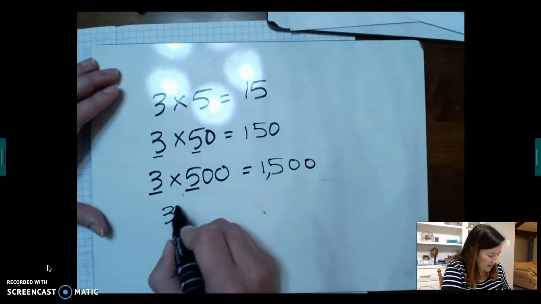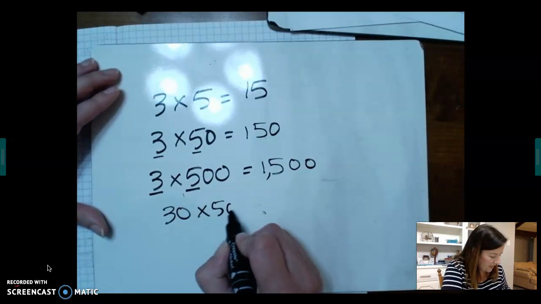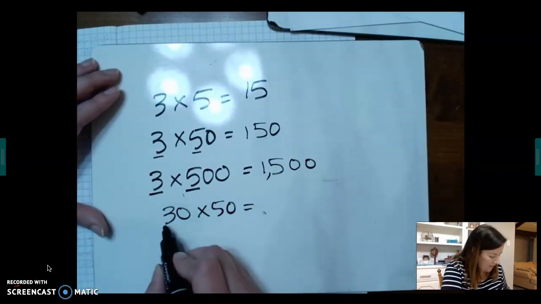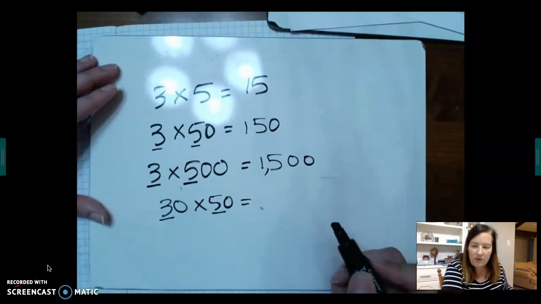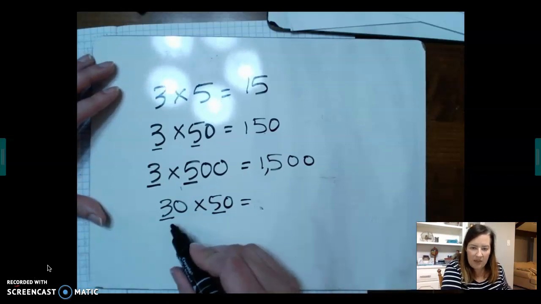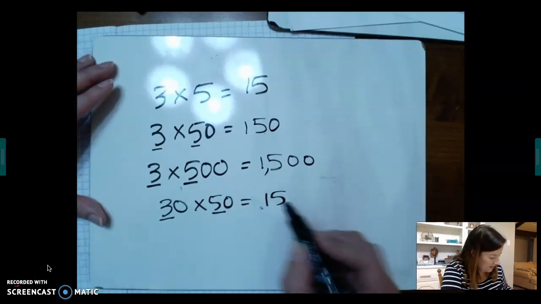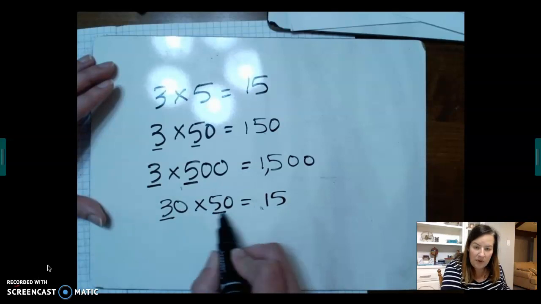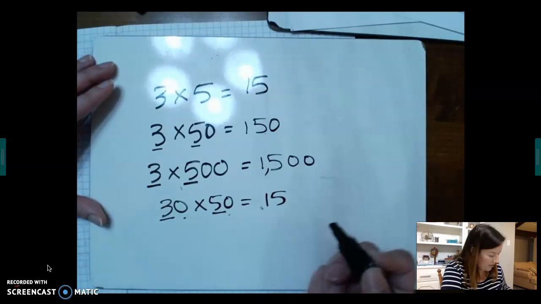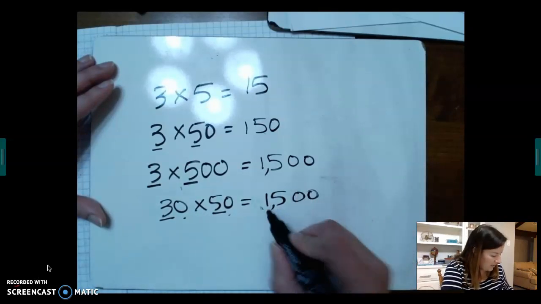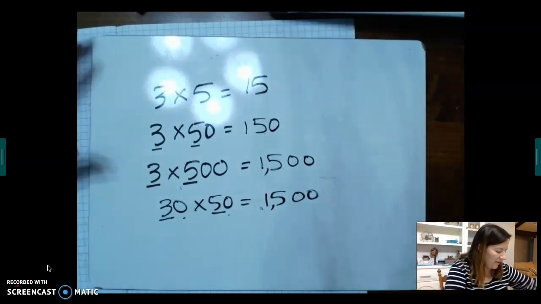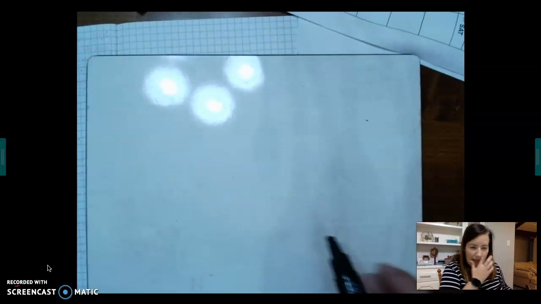Even if I had, let's say, 30 times 50, I can focus just on the digits, ignore the zeros for now, and I have 3 times 5 is 15. How many zeros do you have? Here's 1, here's 2 zeros, so 1,500. So that's a little trick that's going to come in handy as we work on our lesson today.